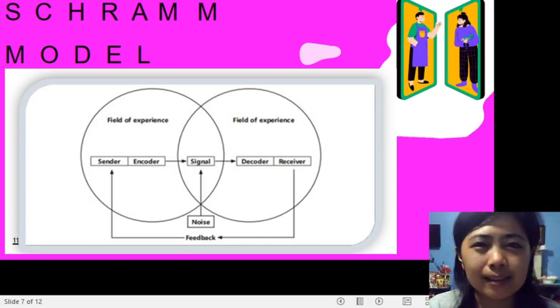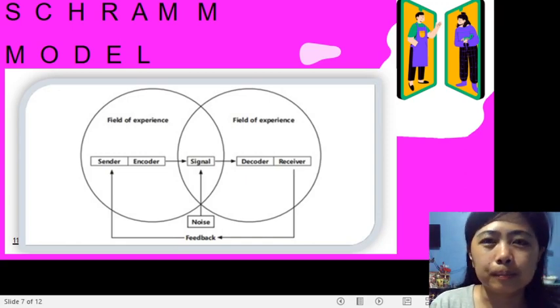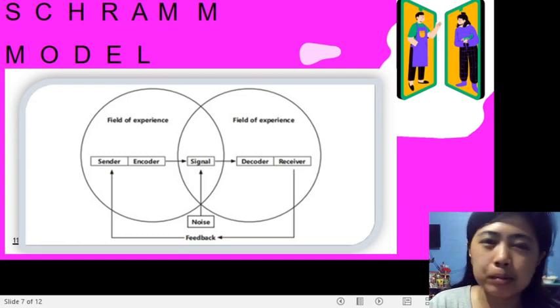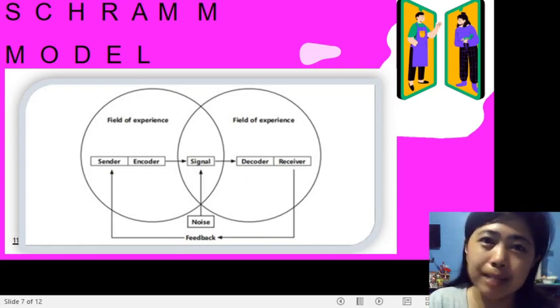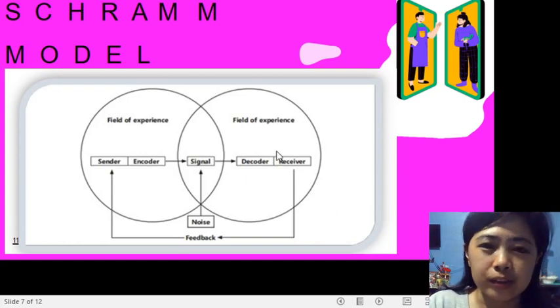So I know that place is quite conducive for us. Not so many people go there, so we can talk better. Yes, I do agree with you. Then we can meet there. See? So that's how Scrum's model added to or modified the Shannon-Weaver. I hope that's clear for you.